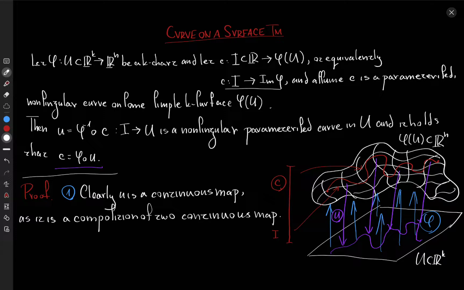Well, by definition, we have up here that u is defined as the composition of phi inverse and C. C is continuous by definition because it is a parameterized curve. All parameterized curves must be continuous. And phi is a chart, which means it's a homeomorphism. Specifically, then it has a continuous inverse. So u is a composition of two continuous maps. Ergo, it is continuous.